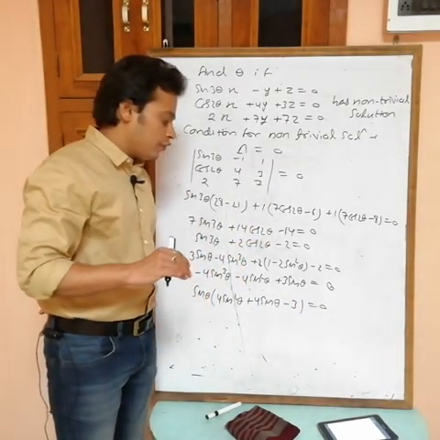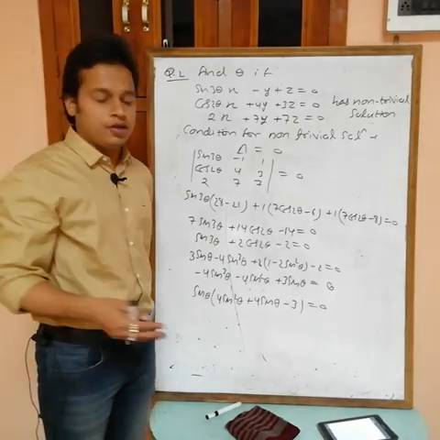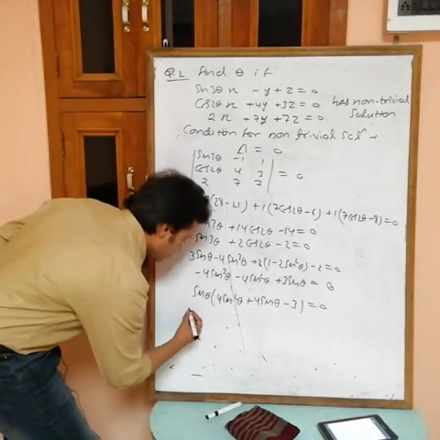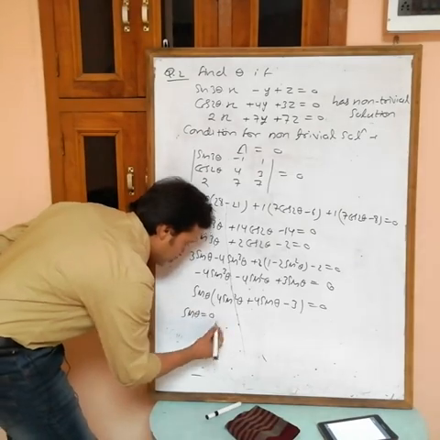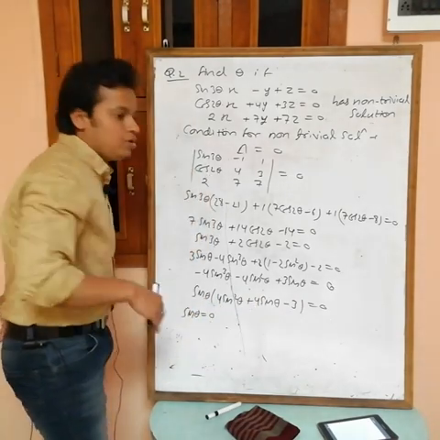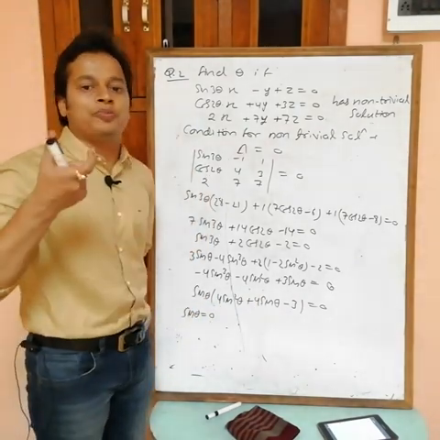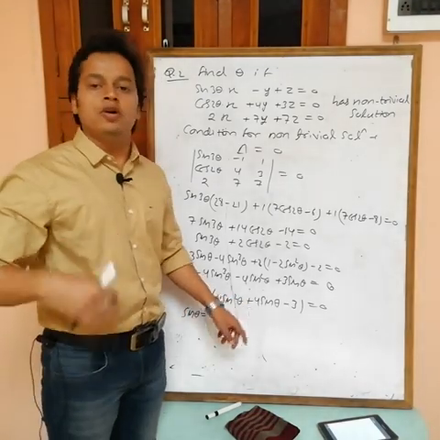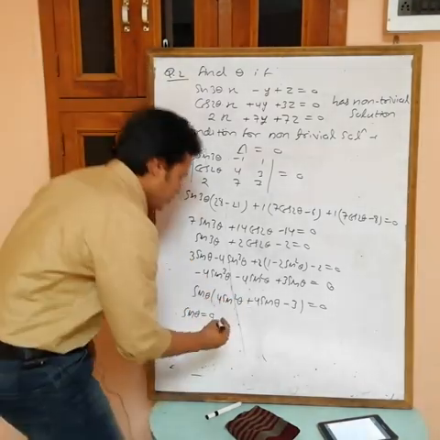Now factorization. Here you want value of theta, so first we have to factorize. From this one we are getting that sin theta equals to 0. Now 4 into minus 3 is minus 12. Now we want two values, so that product is minus 12 but sum is 4. Plus 6 and minus 2.